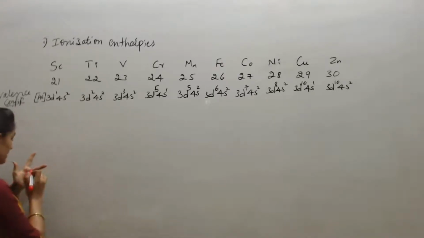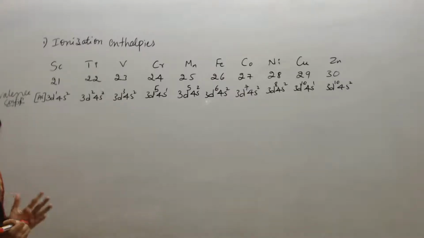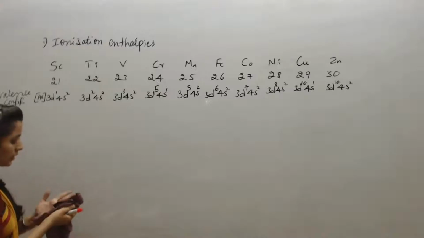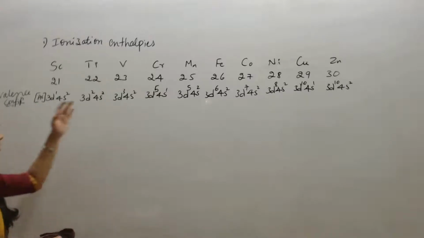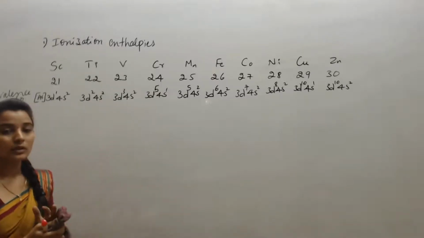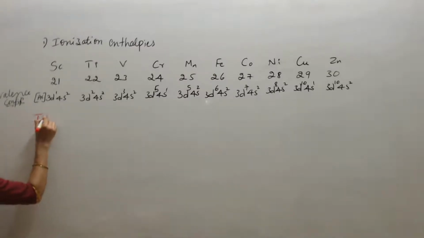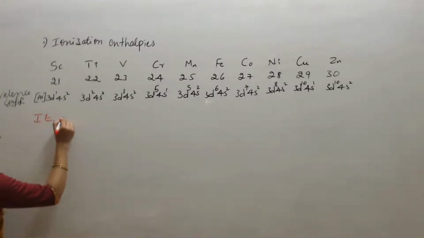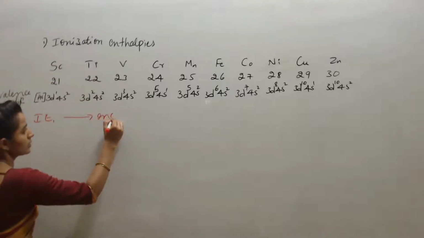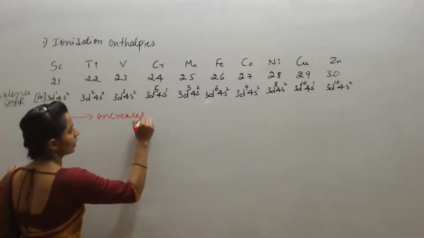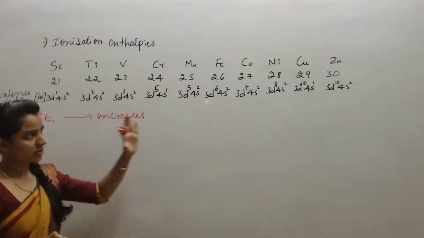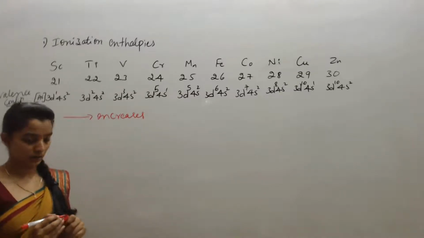If it is in this manner, then what happens? The size decreases. If the size decreases, then what happens to the ionization energy? It always increases. So first ionization energy always increases in this trend.